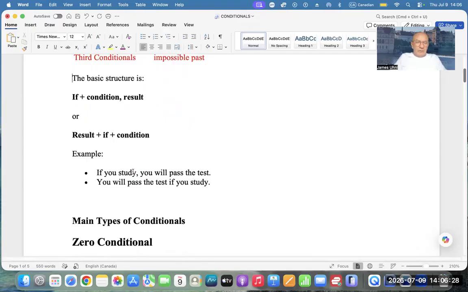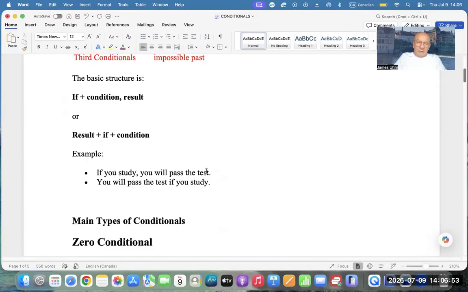If you study, you will pass the test. You will pass the test if you study. Each sentence says exactly the same thing. The only thing is, this clause, if you study, cannot stand on its own.